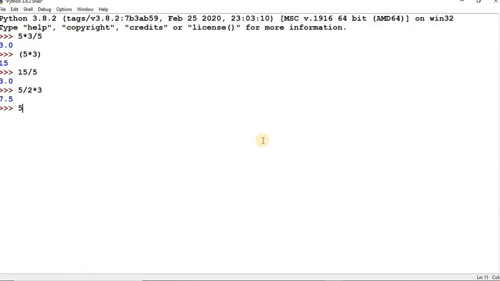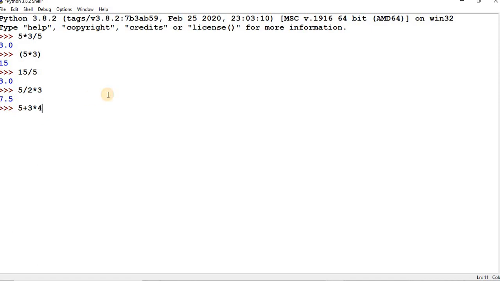Suppose 5 plus 3 multiplied by 4. What would be the result? Look here: the priority of the asterisk is more than the addition, so these two operands will be evaluated first, meaning this expression is evaluated, and then the result of this expression is added to 5.